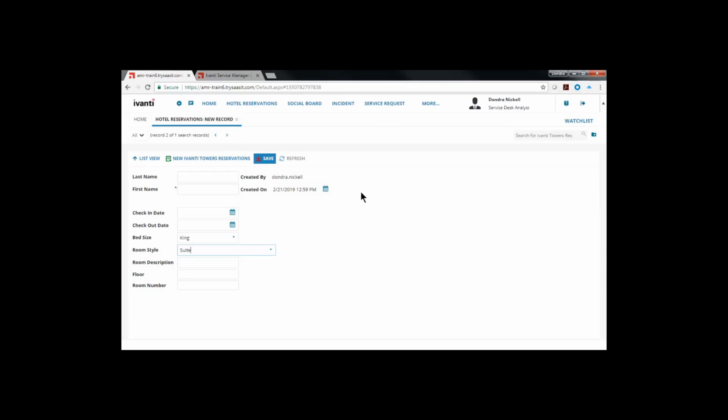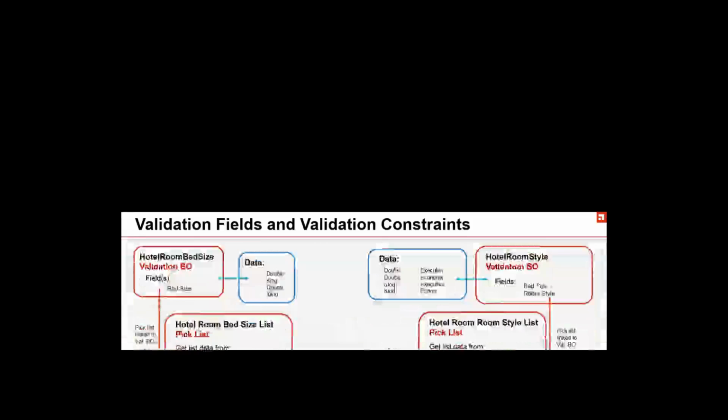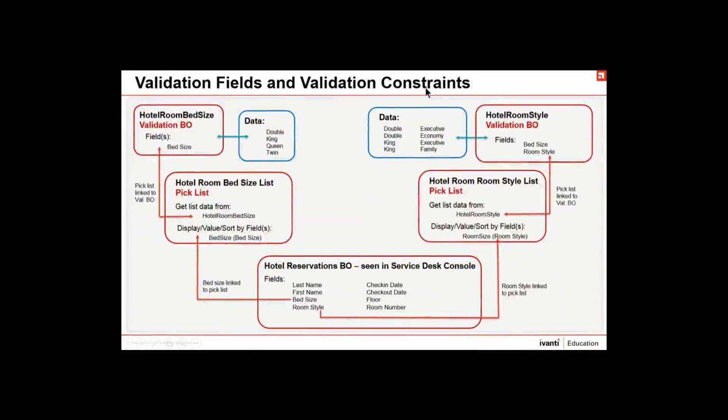I guess my main tip for you is, yes, here comes the diagram, to draw out something like this right here as your main business object, the pick list, the validation business object, and then the same thing over here.